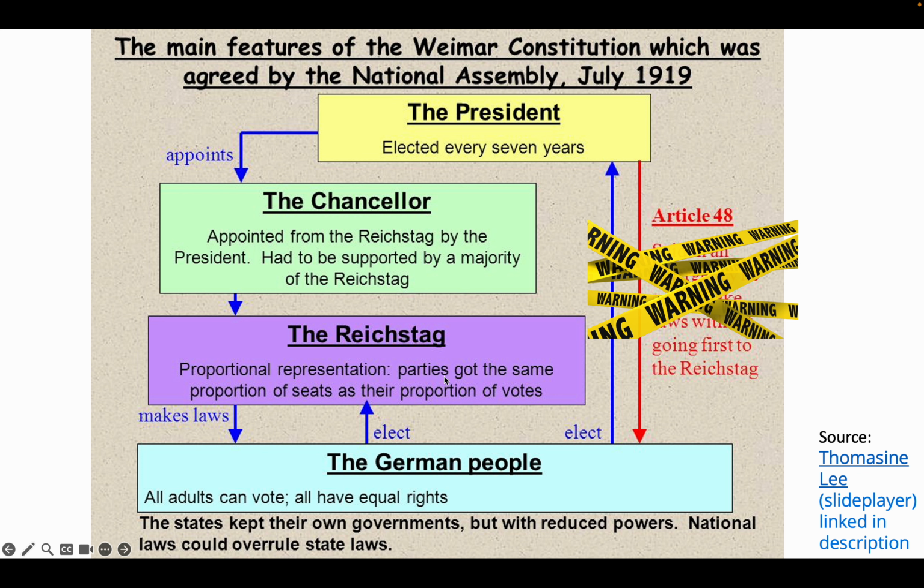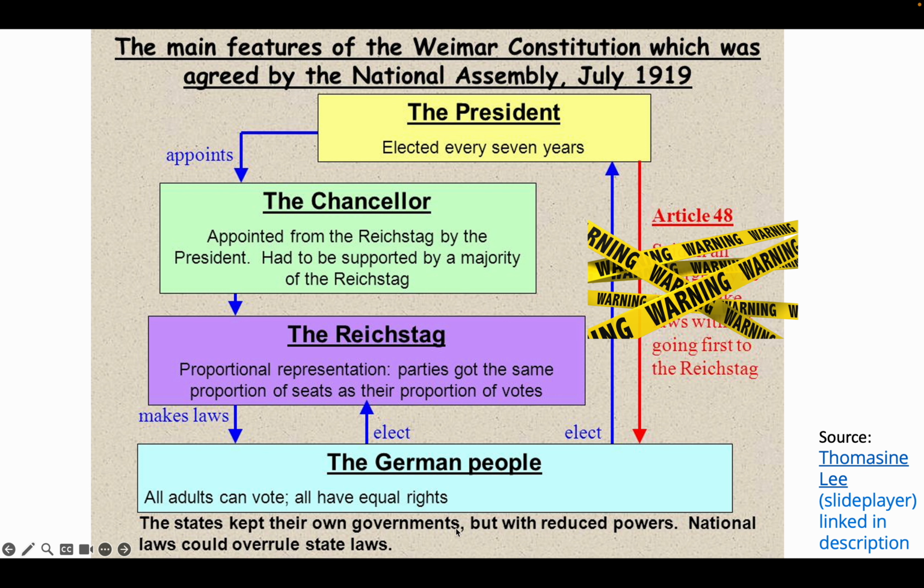The Reichstag is like the House of Congress, where the government works, and it used proportional representation. So parties got the same proportion of seats as their proportion of votes, as mentioned before. So the people voted for the president, who appointed the chancellor, and the Reichstag makes the laws, and the people elect the people who go into the Reichstag.